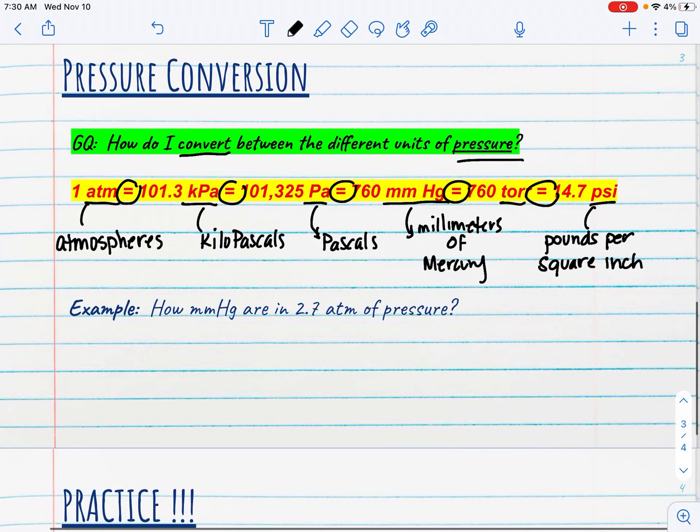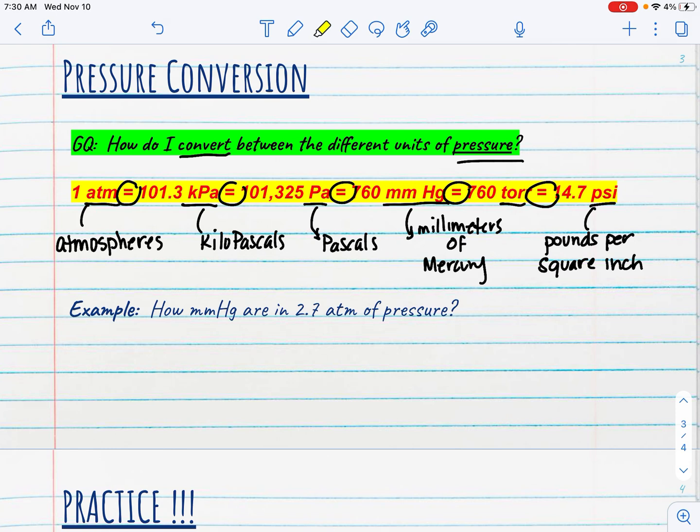So let's take a look at this example problem. It says how many millimeters of mercury are in 2.7 atmospheres. So always kind of starting with what we're given. It looks like we're given 2.7 atmospheres. All right, I'm going to set up my blank conversion factor.